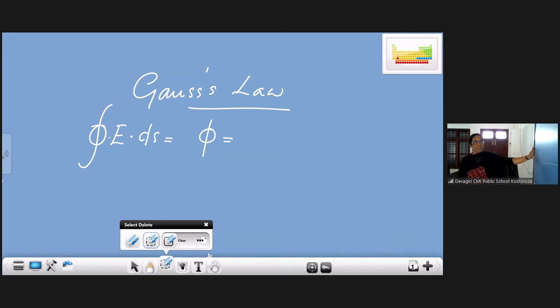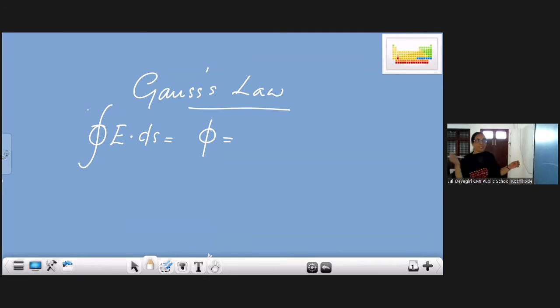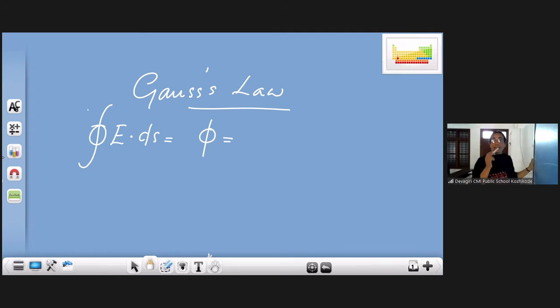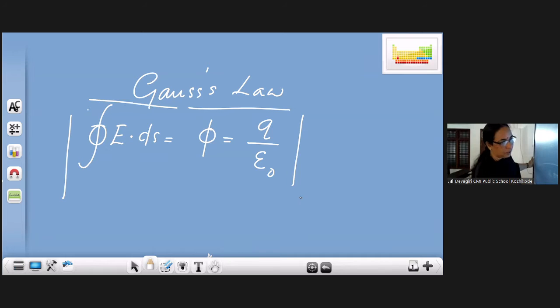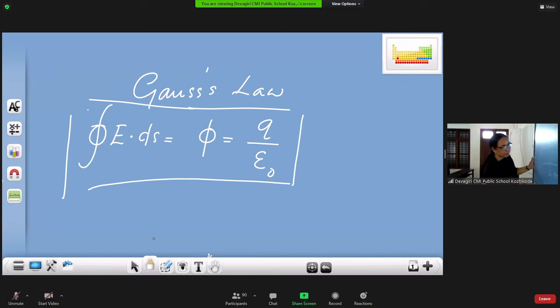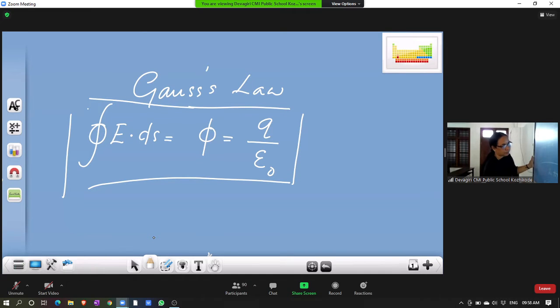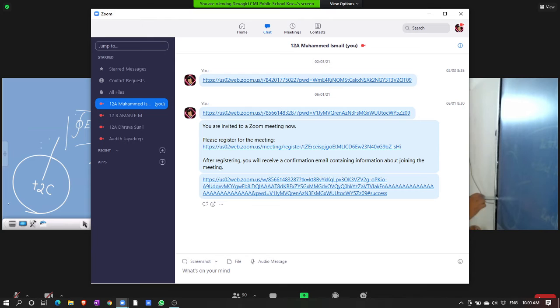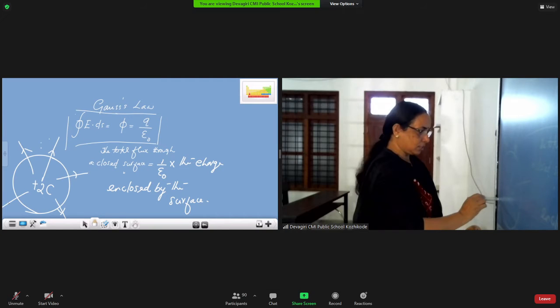How do we write it in a sentence? It is a law, but we have to state it. So it says that the total electric flux through a closed surface, we are talking about electric flux through a closed surface, the field lines passing out of this surface, field lines passing through it.